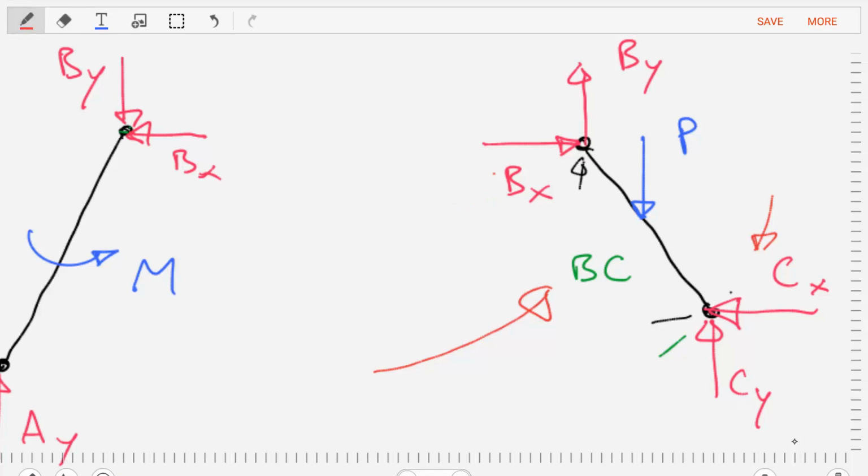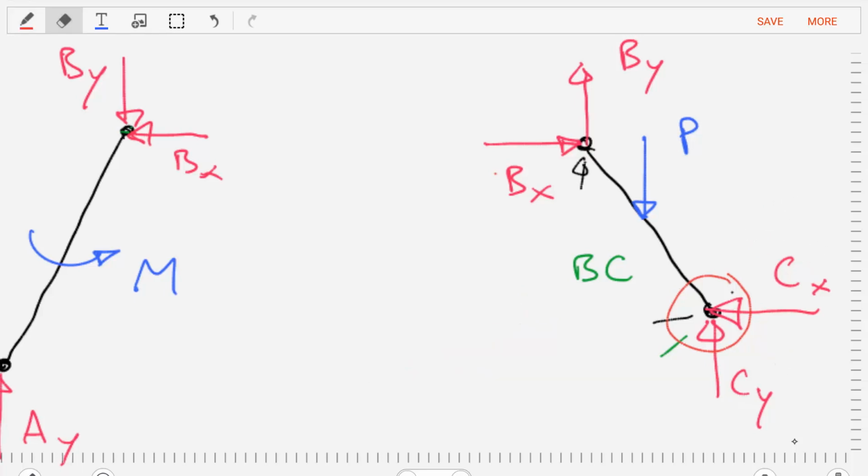Now let's go and analyze our other connection point, that's point C, and let's replace this point C with reactions CX and CY. We'll try to be equal and opposite, so the CX here is opposite of the BX, but CY, we're going to have that going upwards. And that's because of the external loading that we have applied, it needs to be going upwards. All right.